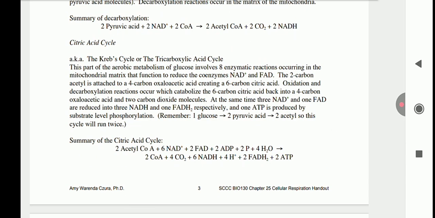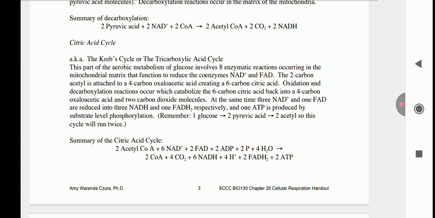The 2-carbon acetyl is attached to 4-carbon oxaloacetic acid to create a 6-carbon citric acid, which is oxidized back to oxaloacetic acid and 2 carbon dioxide molecules. At the same time, 3 NAD positive and 1 FAD are reduced into 3 NADH and 1 FADH2 respectively, and 1 ATP is produced by substrate-level phosphorylation.